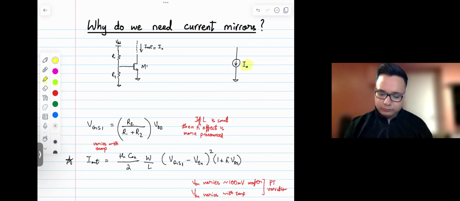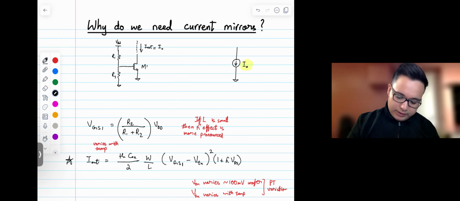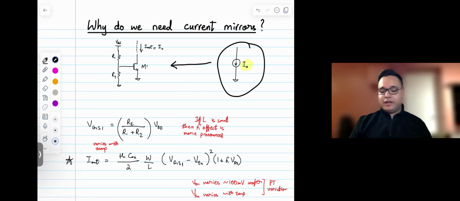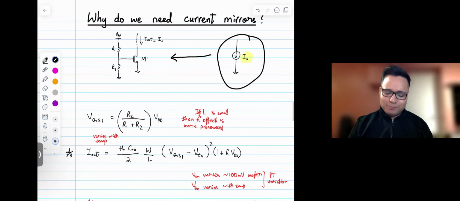Okay. So great. Now I'm making a bold claim here that I have achieved this current mirror with this circuit. It has an I naught. And so let's start looking through it.